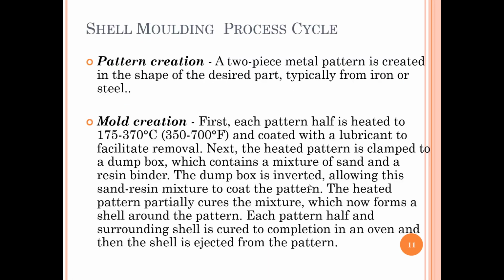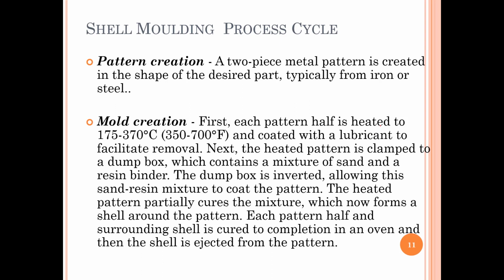Pattern creation. A two-piece metal pattern is created in the shape of the desired part, typically from iron or steel. Mold creation. First, each pattern half is heated to 175 to 370 degrees Celsius and coated with a lubricant to facilitate removal.